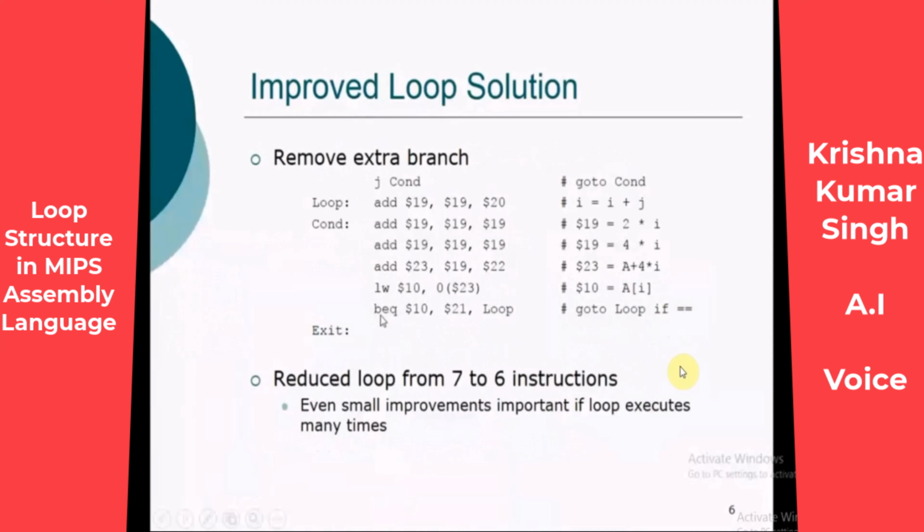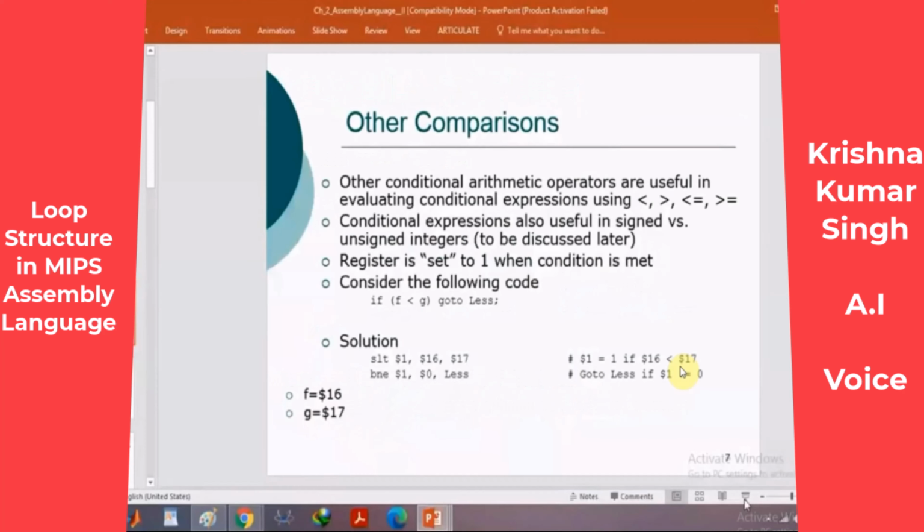So there are 2 ways to implement a loop structure in assembly: by checking the condition or the complement of that condition. Till now, we only check equality or non-equality. We compare two elements, and according to the equality or non-equality, we jump to another statement.